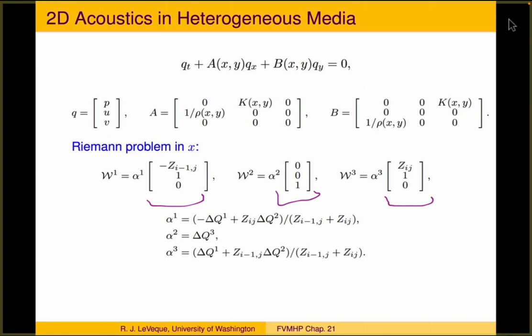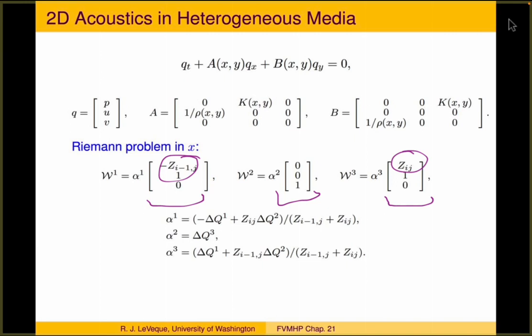And again, we're now going to assume that we've averaged these material parameters onto grid cells so that in each grid cell we have average values of the impedance Z in particular. So the right-going wave is going to involve Zij in the ij cell, whereas the left-going wave would involve Zi-1j, assuming we're at the interface between cells i-1j and ij here.